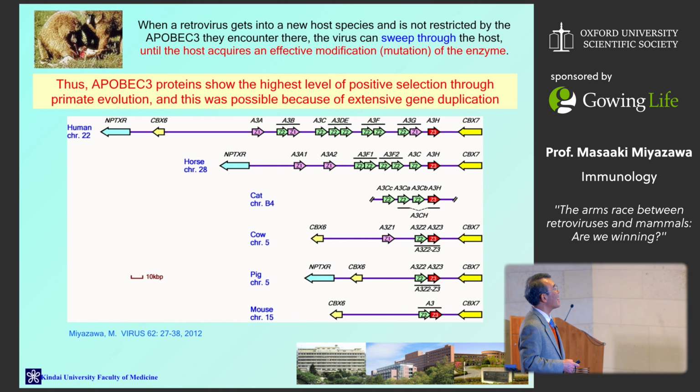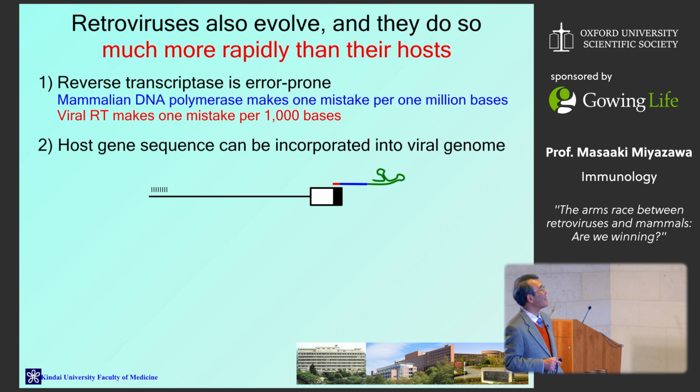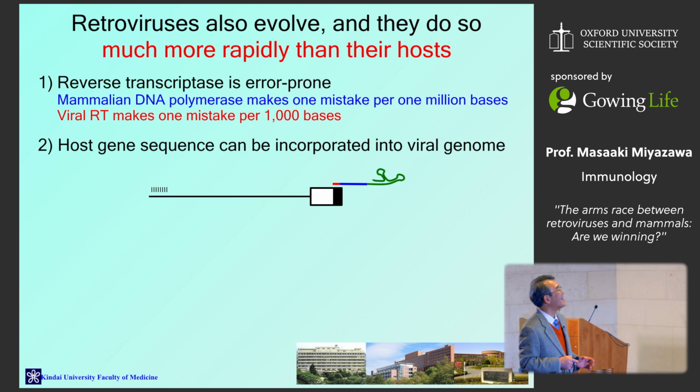So far so good, but retroviruses are also evolving because retroviruses have to survive by competing with the restriction mechanisms expressed by the target animals. And the worst thing is, retroviruses are evolving much faster than us. Our DNA polymerase is strongly accurate, and our DNA polymerase makes only one mistake in 1 million base pairs.